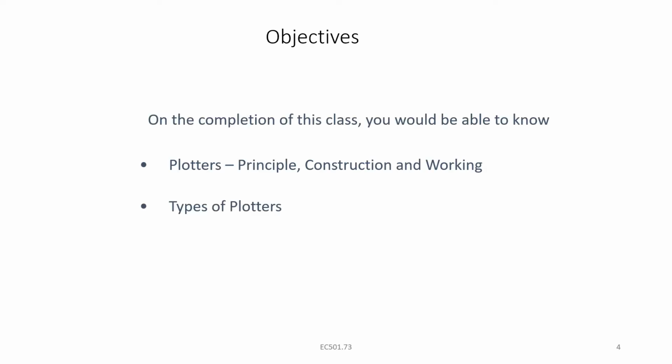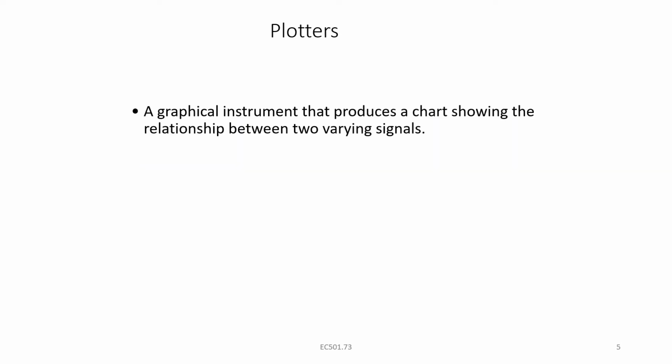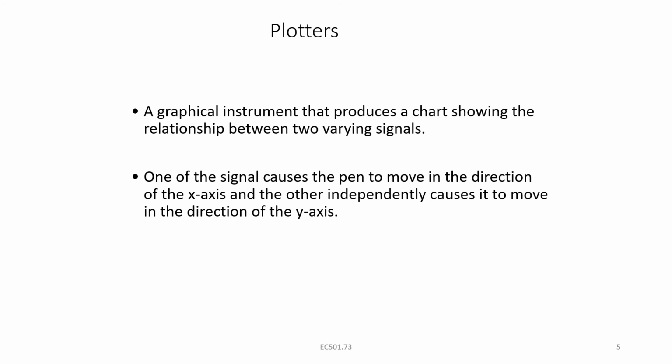Now, let us see the principal construction and working of a plotter and what the different types of plotters are. A plotter is a graphical instrument that produces a chart showing the relationship between two varying signals.